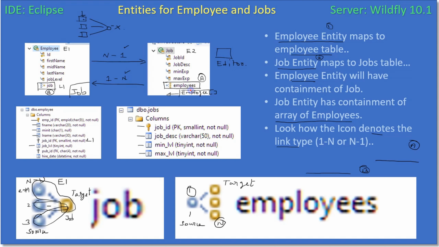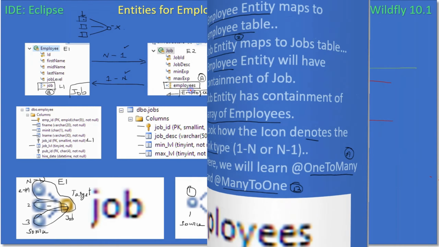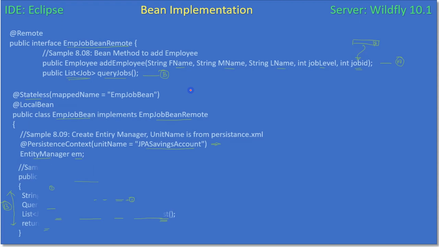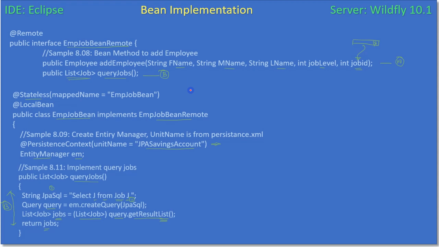One is employee and another one is jobs. And we already created two entities, one is employee and another one is job. So this is our first round of bean implementation, in which we added a function for the add new employee workflow.